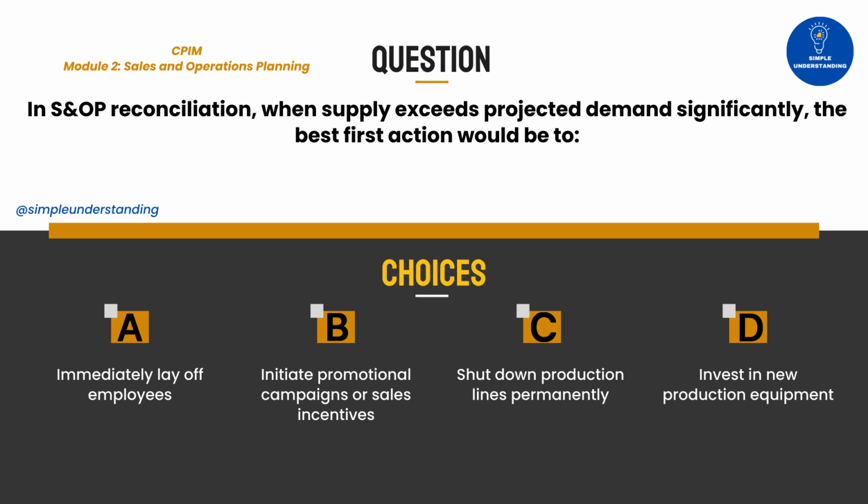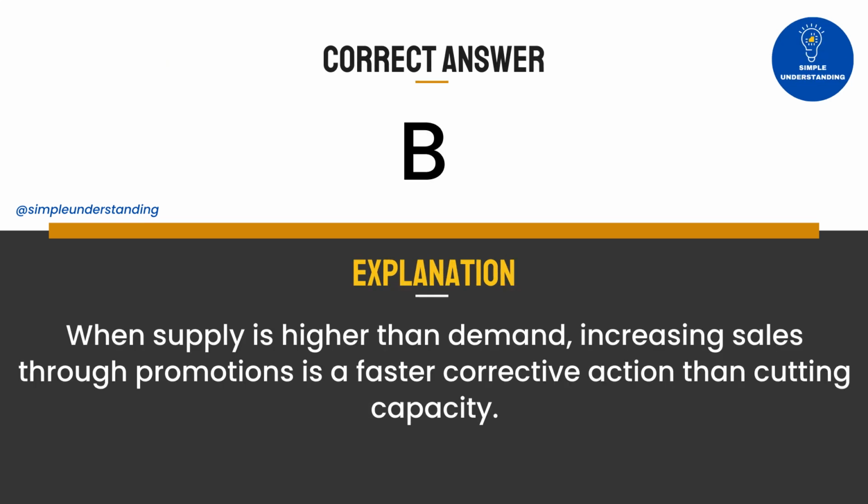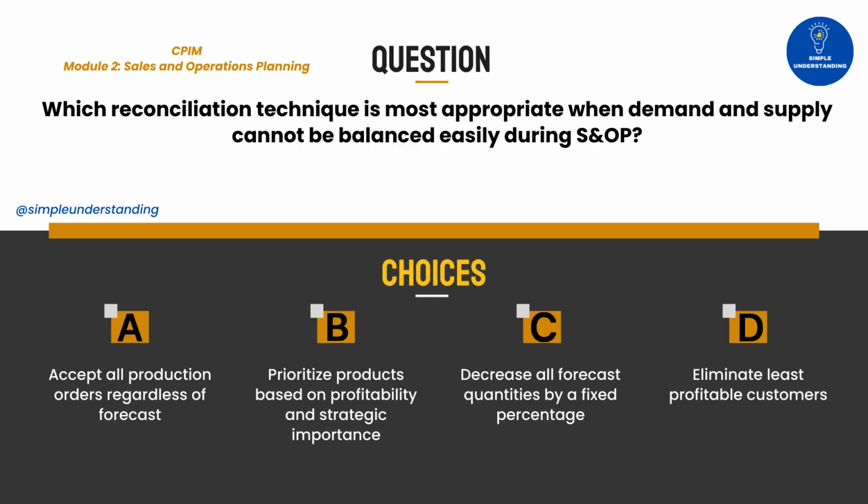D. Invest in new production equipment. Correct answer, B. Explanation. When supply is higher than demand, increasing sales through promotions is a faster corrective action than cutting capacity.